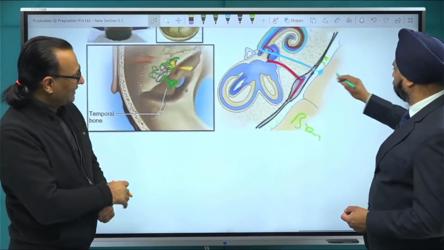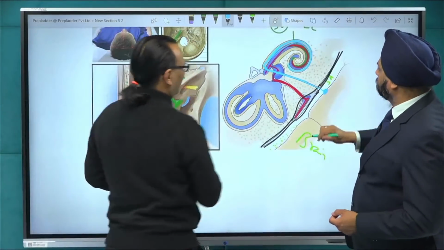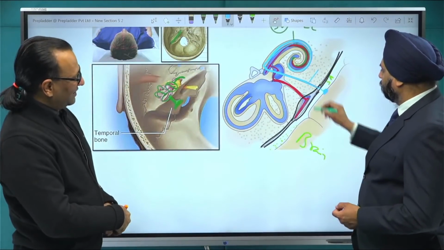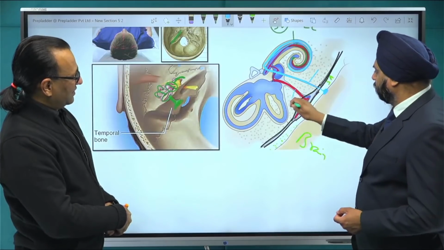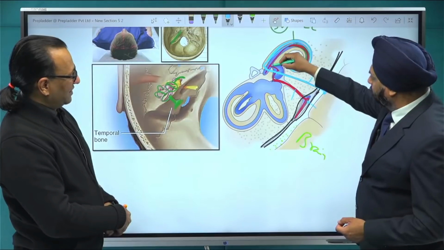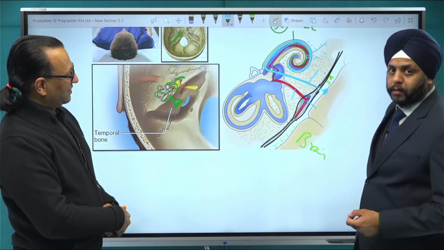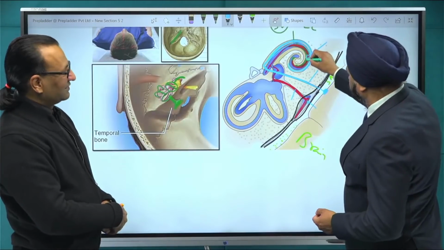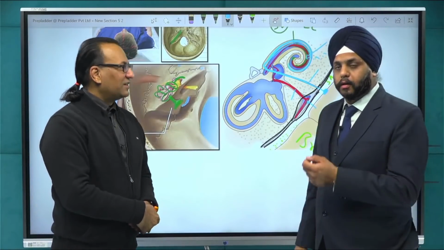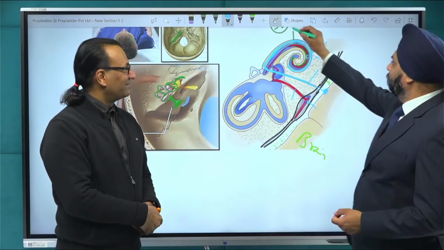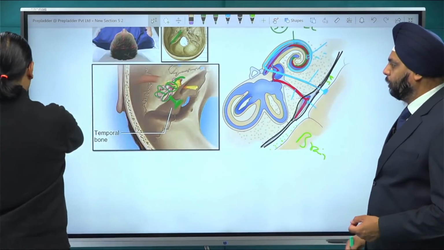We have this cochlear aqueduct. We have the endolymphatic duct going into the endolymphatic sac. The ductus reuniens has been told to you. And the scala media in the cochlea is known as the cochlear duct. So that was all to be told in this question.